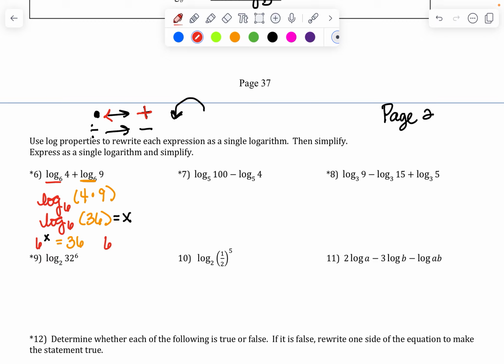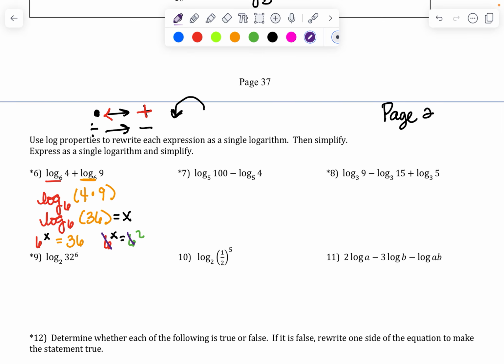That equals x. We know how to write that. 5 to the x power equals 25. So let's get our same base. So 5 to the x power, change the 25 to a 5 squared. Mark off those common bases, and x is 2.